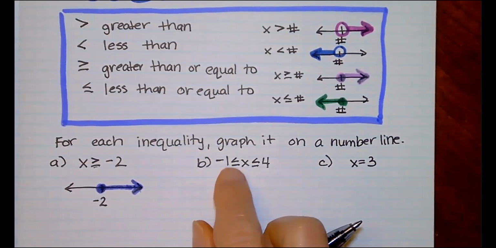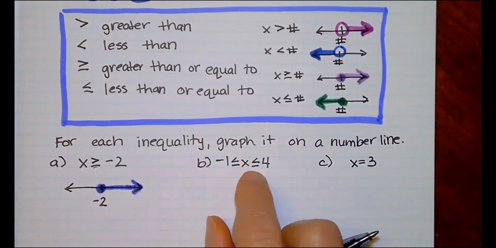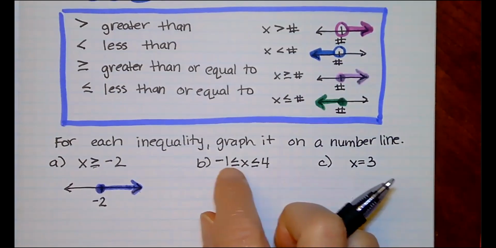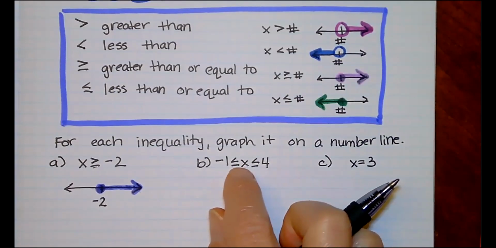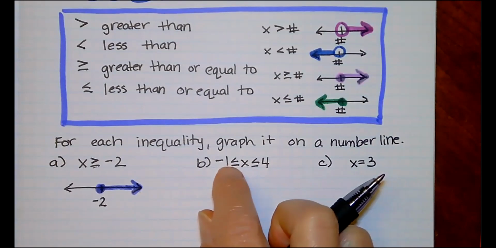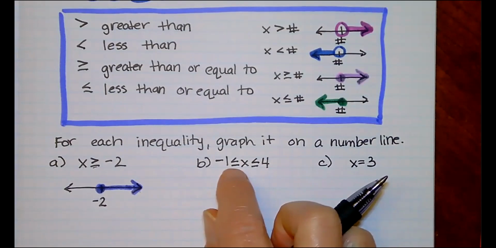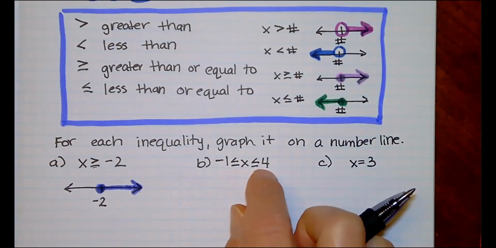Now, on one like B, this is actually 2 inequalities put together. So this is really saying that they want everything that is going to be greater than or equal to -1, and less than or equal to 4.